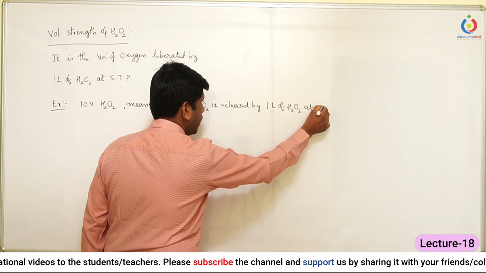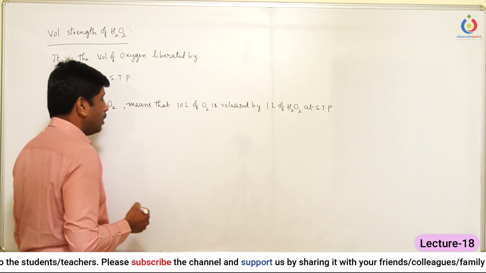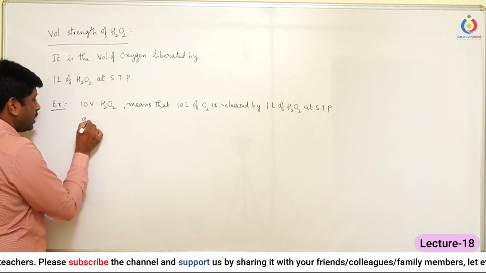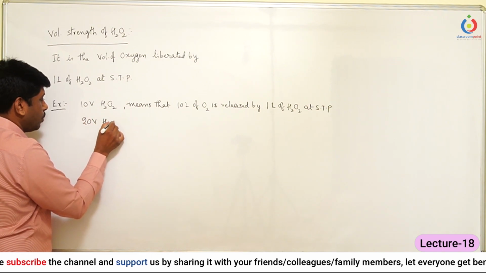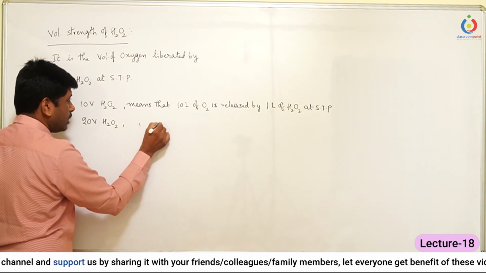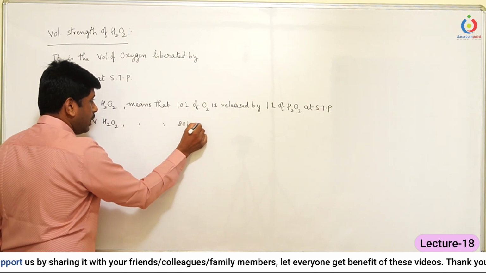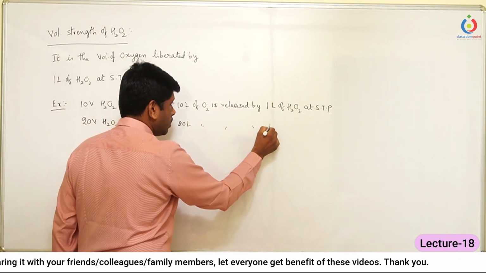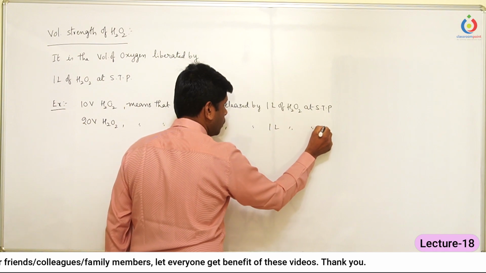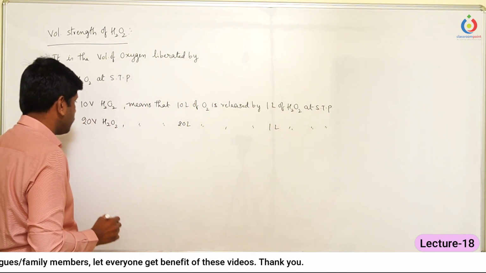H2O2 at STP. Now let us see what happens if 20 volumes of H2O2 is mentioned. It means that 20 liters of oxygen is released by 1 liter of H2O2 at STP.